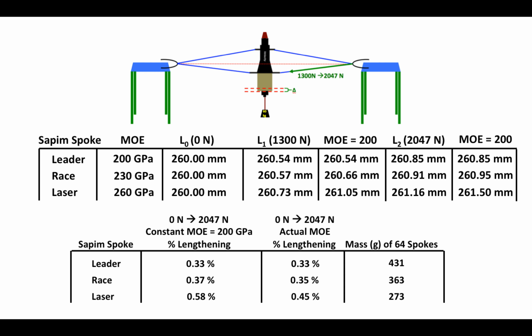In the same way, my laser spoke, if the modulus was constant, then I would have a 0.58% increase in lengthening, but with the actual modulus increasing at the same time, it's only 0.45%, and a mass of 273 grams.